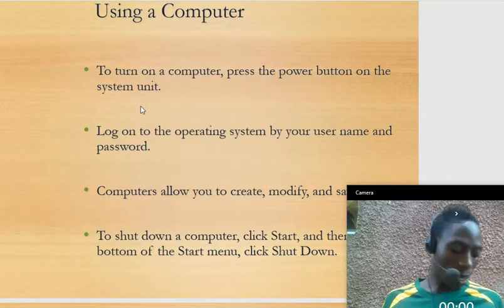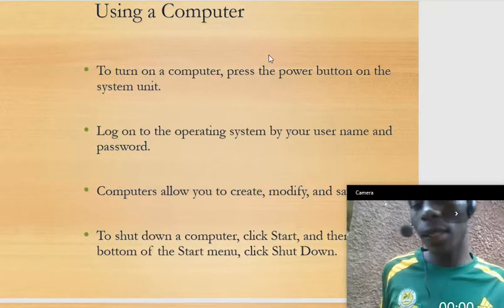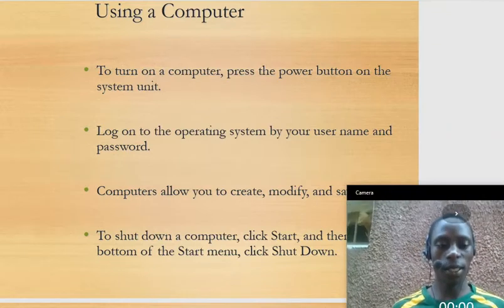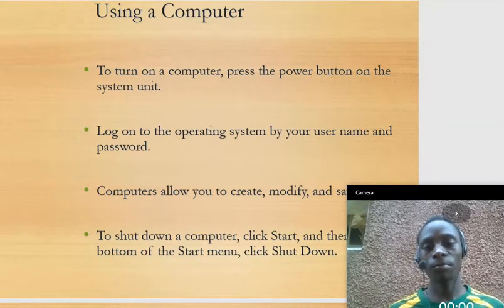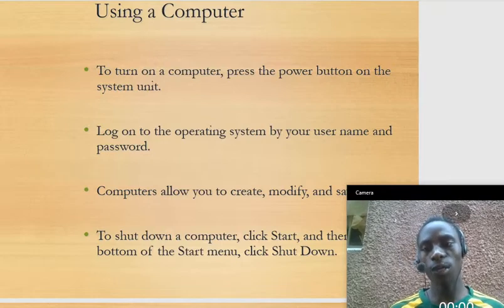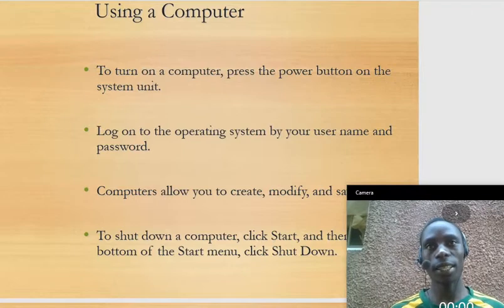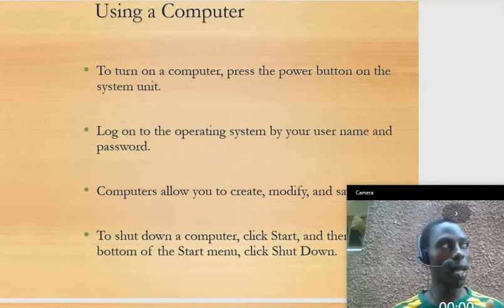It can be Windows, Linux, Mac, or any other type of operating system. When you power on the computer, it goes into what we call the power-on self-test. It tests each and every part to see whether it is connected well. Then it loads up to the operating system.